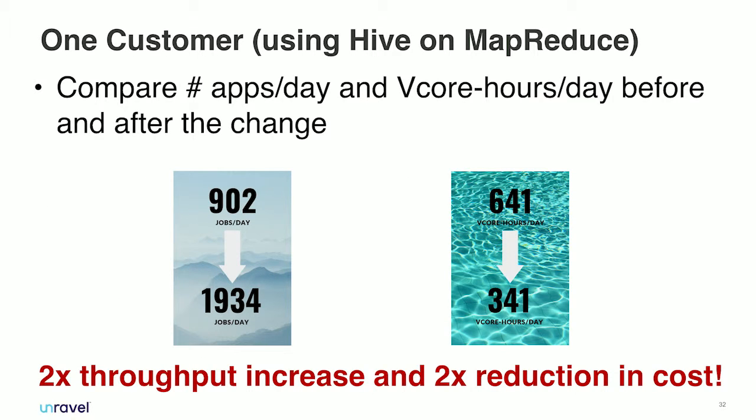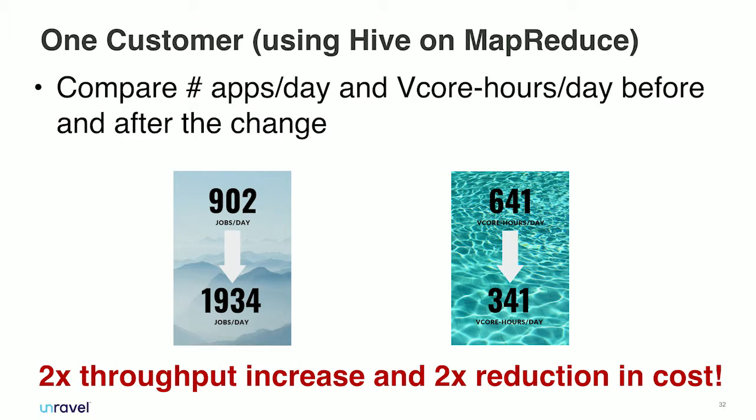So this is one customer that uses this feature, and it does a comparison. This is Hive on MapReduce, and on the per day measure, the number of jobs before and after goes from 902 jobs to almost 2,000 jobs.